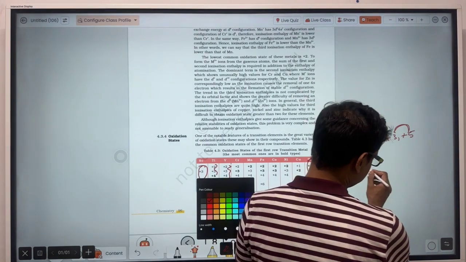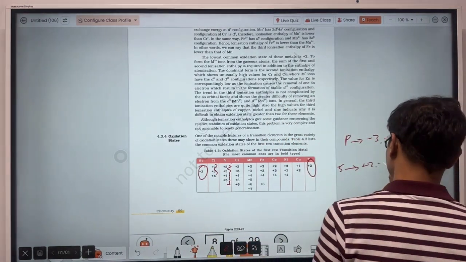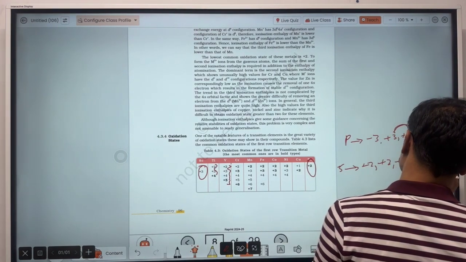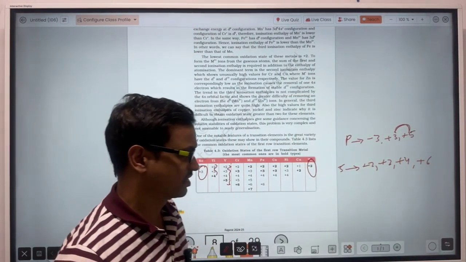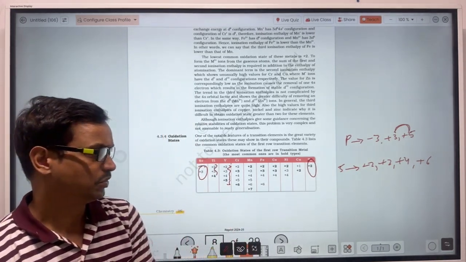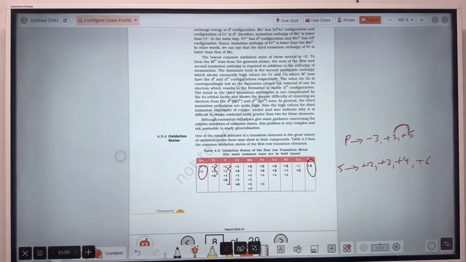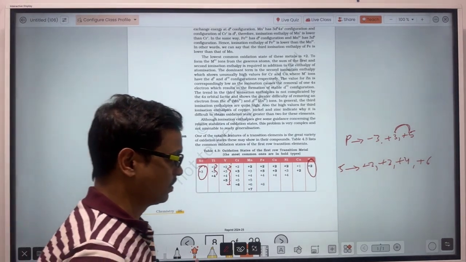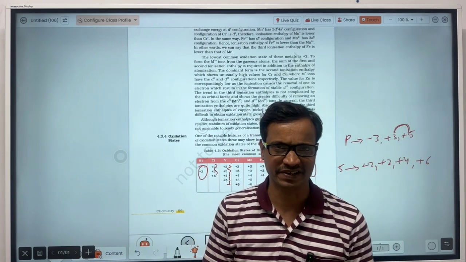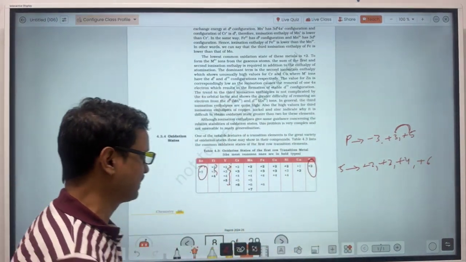Since it is a non-metal, sulfur shows a negative oxidation state of -2, then +2, +4 and +6. So here the oxidation state shown by a particular element varies through 2 units, while in the case of d block elements, the oxidation state shown by a particular element varies through unity. So keep this one point in mind.